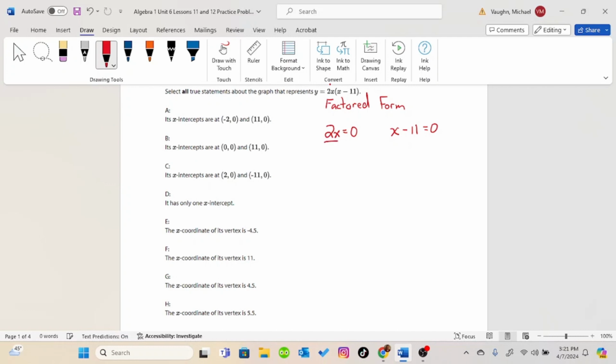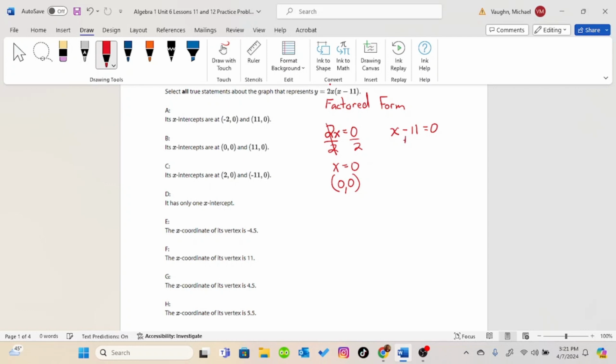On the first one, we'll divide both sides by 2, and we find out x equals 0. So the first intercept is at the origin, (0, 0).